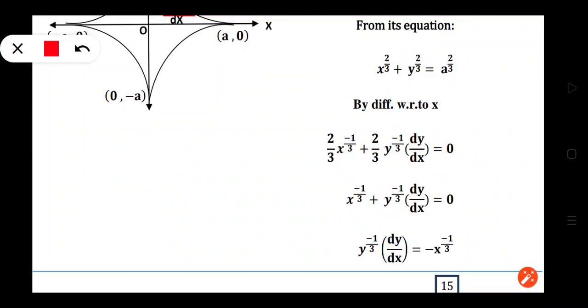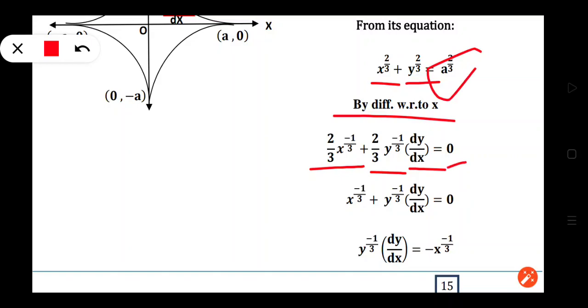To find its derivative with respect to x, x power 2 over 3 will be 2 over 3 x power negative 1 over 3, and y power 2 over 3 will be 2 over 3 y power negative 1 over 3 times dy by dx, where a is constant, so it equals 0. Cancelling 2 over 3 from both sides by dividing by it, it will be x power negative 1 over 3 plus y power negative 1 over 3 dy over dx equals 0.